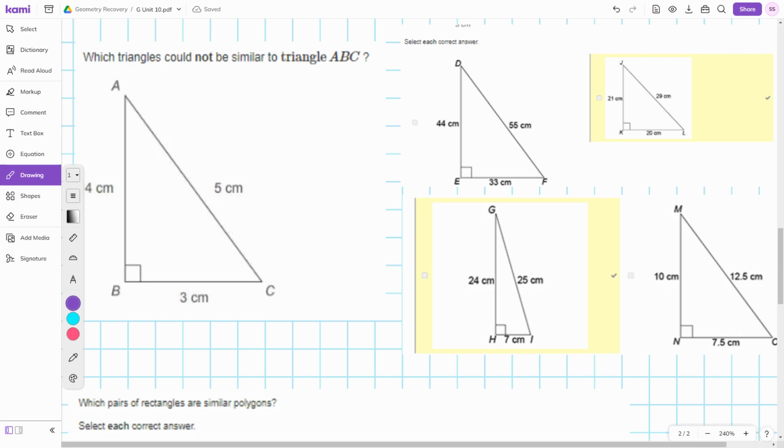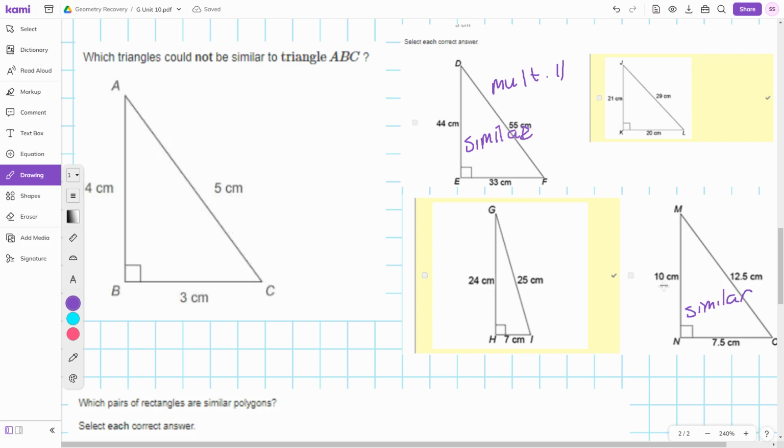Remember, we're looking for the ones that are not. So an easy way is, these were all multiplied by 11, so this one's similar because it's just multiplied by 11. All 3 sides on this one, right here, are multiplied by 2.5. So these are similar.